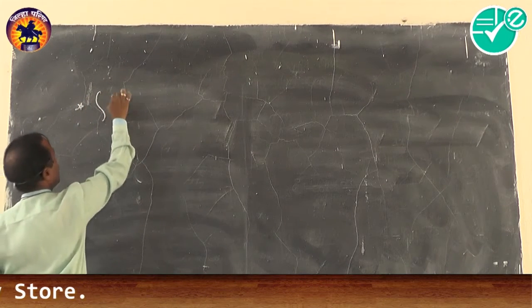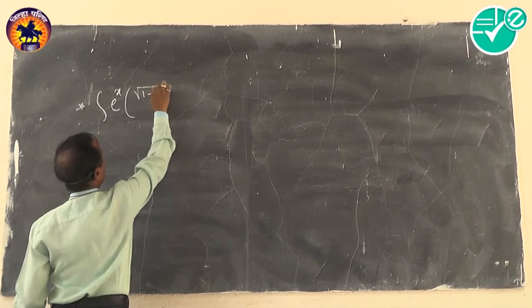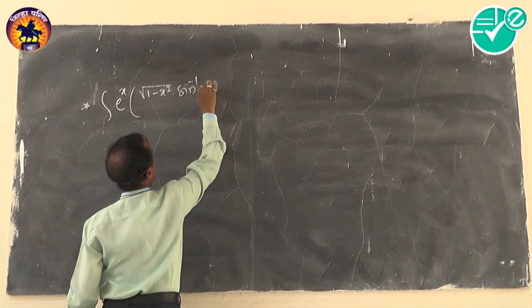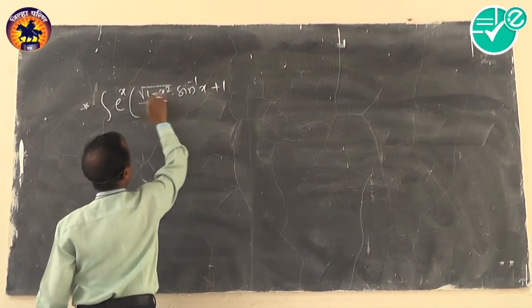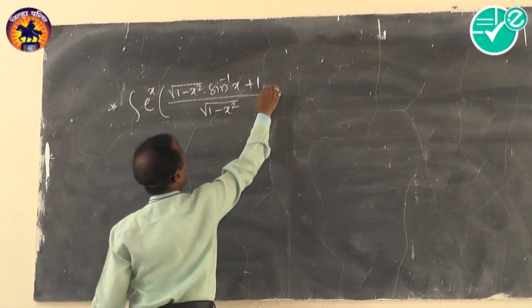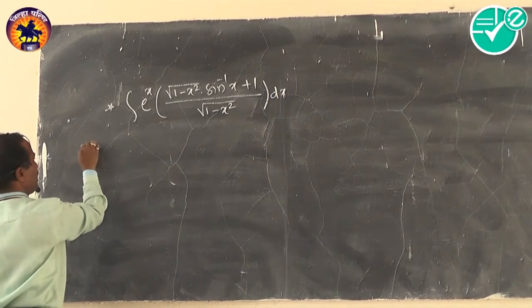Integral of e to the power x into (root 1 minus x square into sine inverse of x plus 1) divide by root 1 minus x square dx. Now we want to evaluate this function.